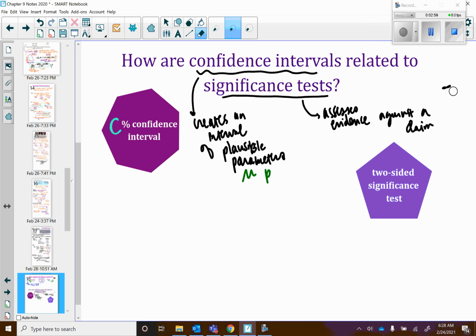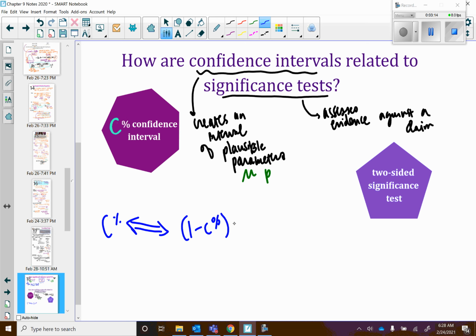So how are these two related? Because guess what? They are very much related. If I have some C% confidence interval, that will give me the same result as a 1 minus C% significance level significance test.